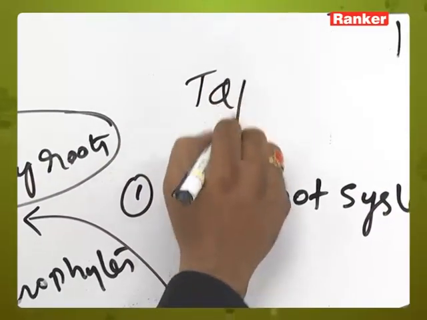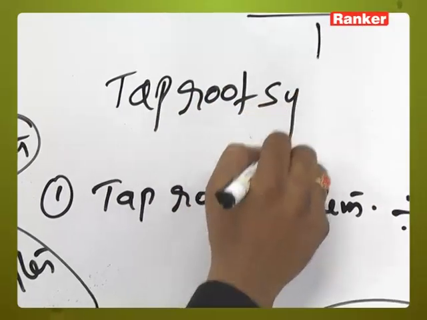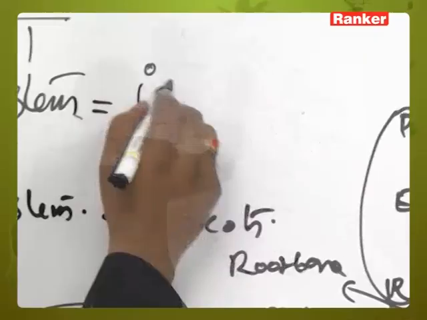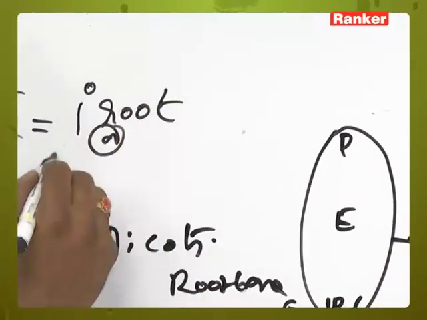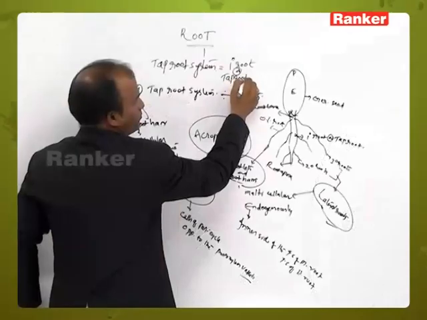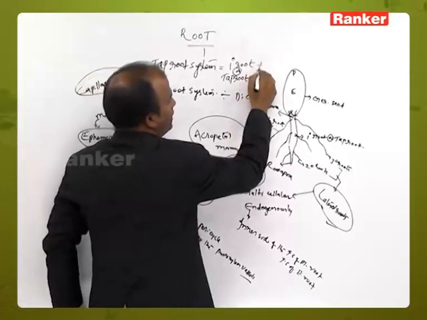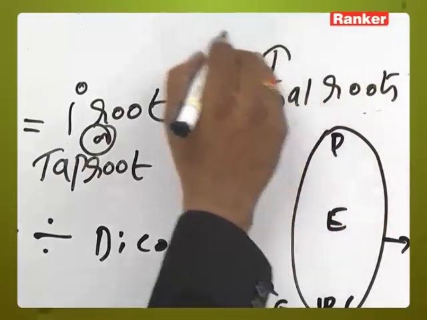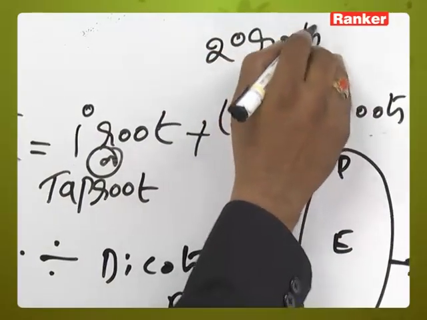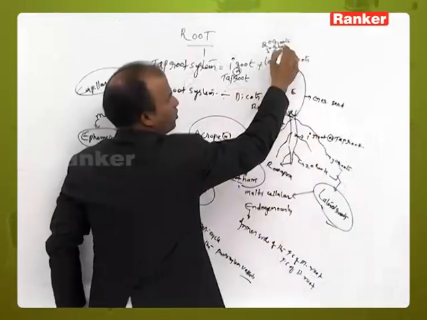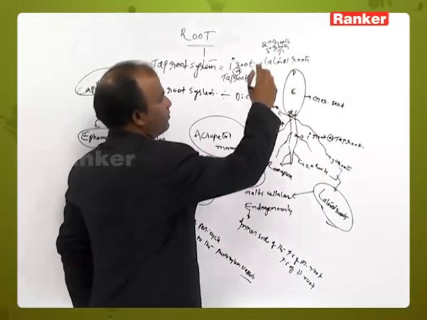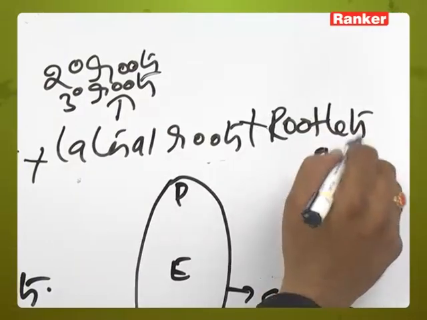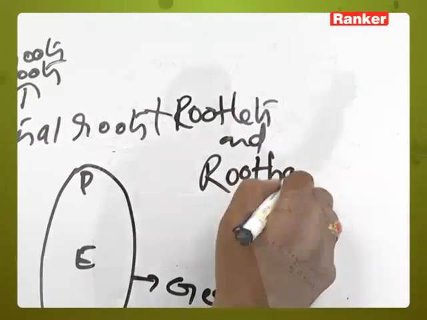Can you tell me what is called the taproot system? Taproot system is equal to primary root, or it is also called taproot plus lateral roots. Lateral roots means secondary roots and tertiary roots, plus rootlets and root hairs.